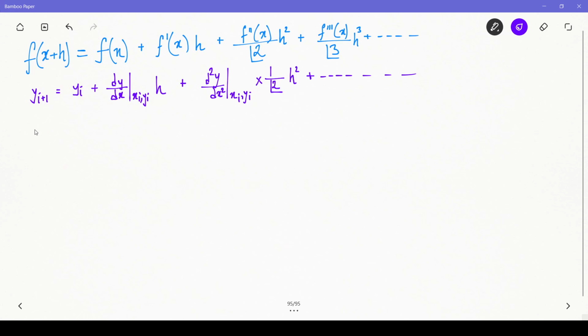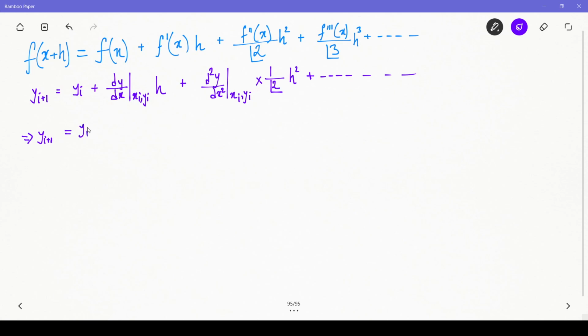Okay, so instead of writing h, we know that the value of h in this case is what? The difference between consecutive x values, or the consecutive difference between the independent variable values, and in this case our independent variable is x, right?